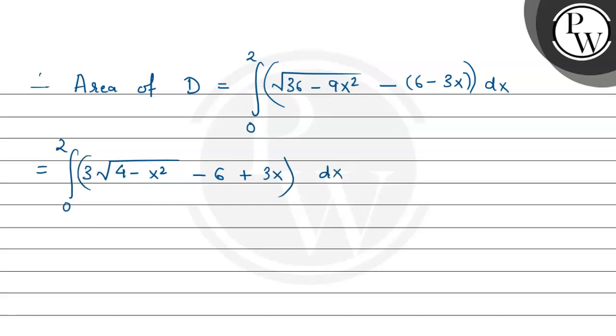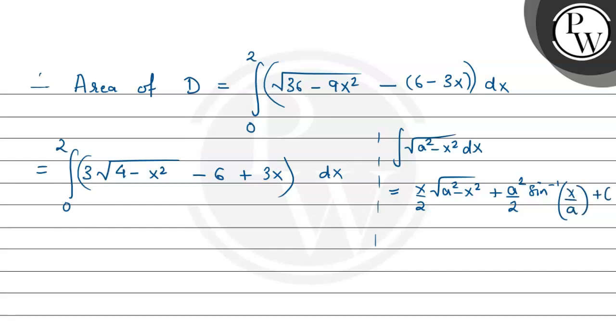अब आगे इंटीग्रेट करने से पहले रिकॉल दैट इंटीग्रल ऑफ द फॉर्म स्क्वायर रूट ऑफ ए स्क्वायर्ड माइनस एक्स स्क्वायर्ड dx इज इक्वल टू, तो इसका फॉर्मूला क्या था, x बाई 2 टाइम्स स्क्वायर रूट ऑफ ए स्क्वायर्ड माइनस एक्स स्क्वायर्ड प्लस ए स्क्वायर्ड बाई 2 टाइम्स साइन इनवर्स ऑफ x by a plus integrating constant c.